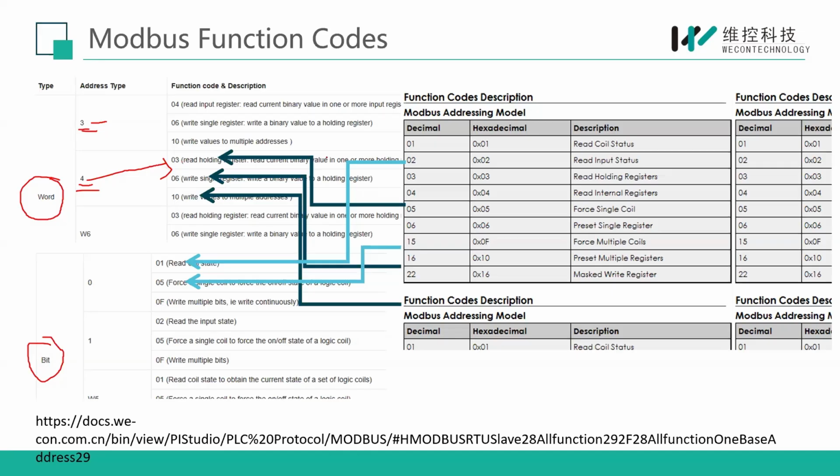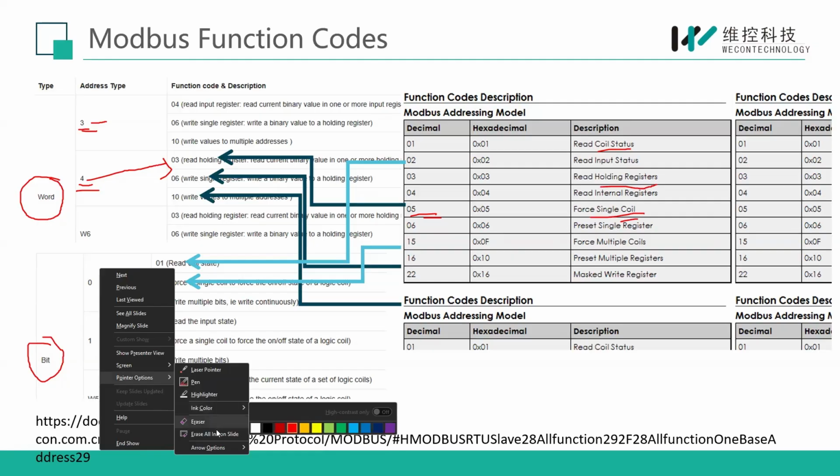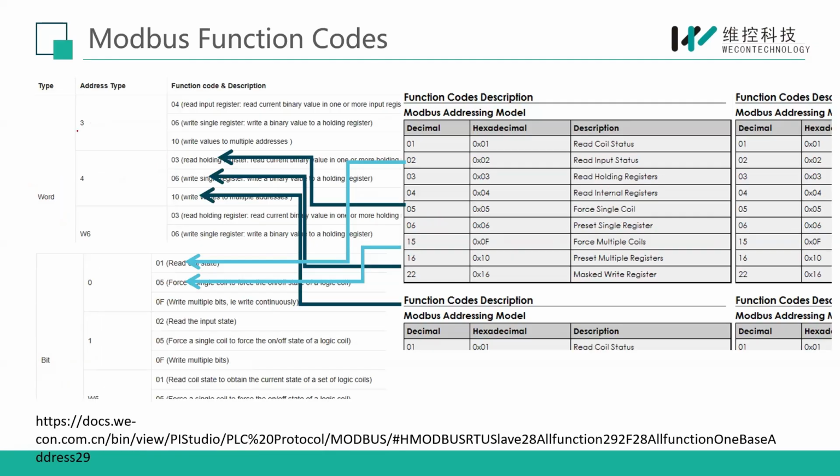You can see this part is for force single coil. These function codes are available here according to your coil address and holding registers. So you can refer to that for your communication parameters. But this is simple: this one is for the holding register, and this one is for reading the coil contact. These two are the majorly used functions on our HMI side.